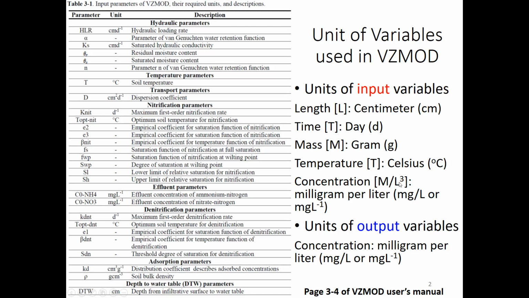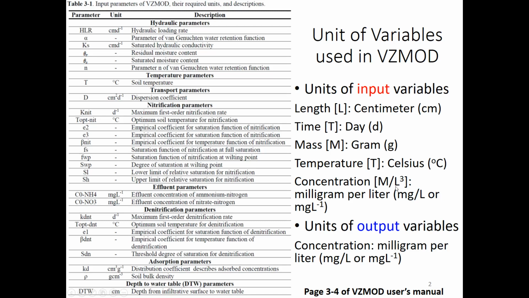Here we use milligram for the unit of mass because when people report concentration in literature, or measure it in the lab and report it in lab reports, they use the units of milligram per liter or ppm. So that's why for the input concentration of ammonium and nitrate, we use milligram per liter. We don't even use centimeter, we just use liter.